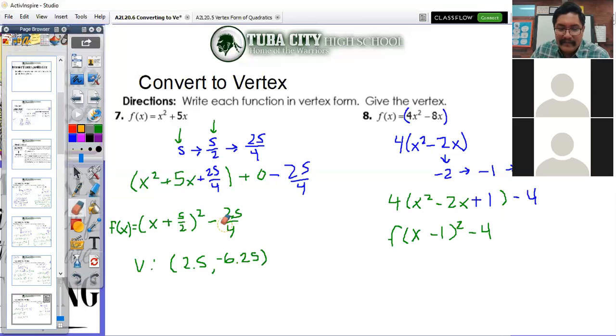Oh, what was I thinking? I was going to put it in the vertex form, but I started writing the formula, but I still need f of x like that. So f of x equals x minus 1 squared minus 4, and that's it. We just need our vertex form, and the vertex is 1, -4.